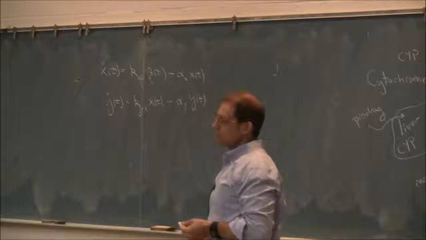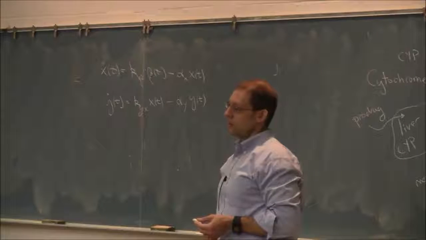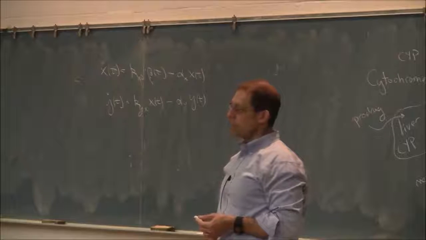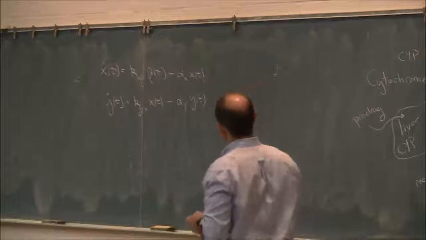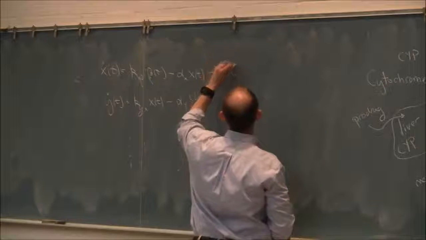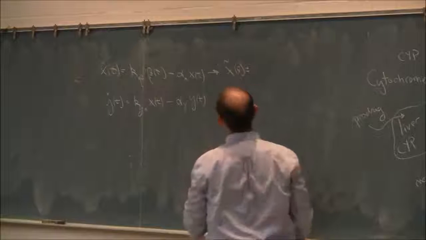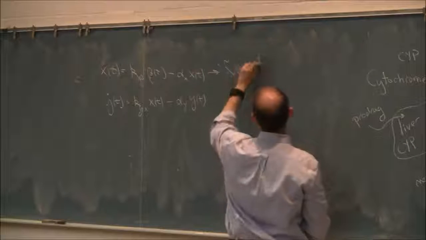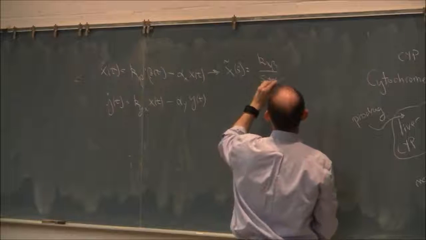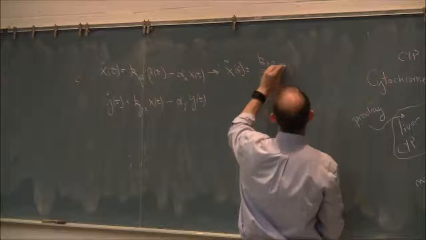As usual, we simplify by imagining that at time 0 everything is off, so we don't have to worry about boundary terms. And we get the standard solutions. So x Laplace transform is k x beta over s plus alpha x, times beta.